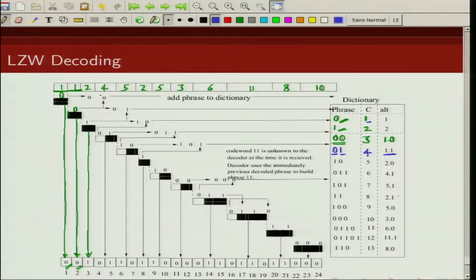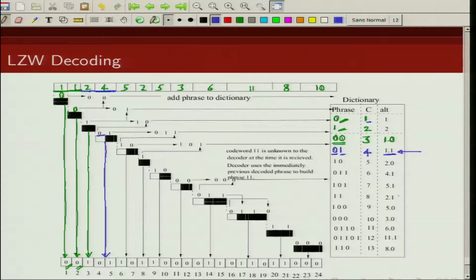Next, so 1 1 2 has been decoded. Next is 4. So what is 4? If I look at my dictionary, 4 corresponds to 0 1. So this 4 will be decoded as 0 1. Now what is the first bit of this sequence 0 1? That's 0.